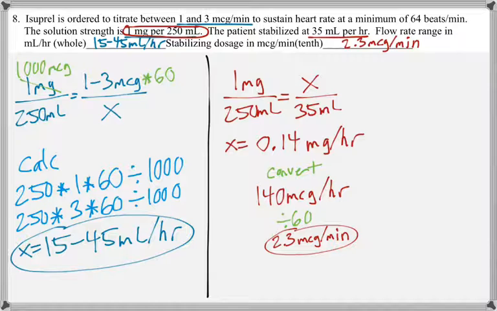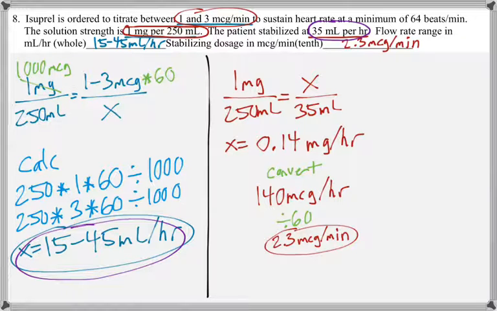And I know that this number is most likely correct because the 2.3 falls within this range. So again, there's a lot of checks in these questions. The stabilizing dosage in the 35 mLs per hour, that needs to lie within this range.